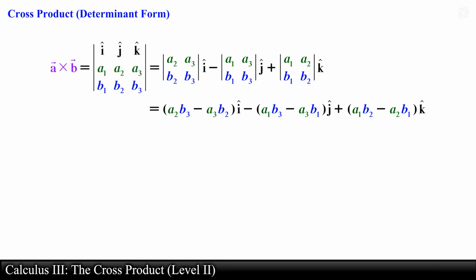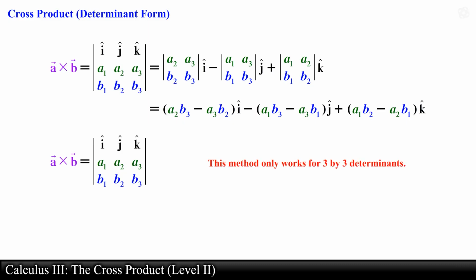A second method of computing the cross product does exist, and it is slightly easier, but many textbooks don't go over this method because it will only work for 3x3 determinants. This method modifies the determinant form of the cross product by copying the first two columns onto the end as follows. We now have 3 diagonals that move downward from left to right, and 3 diagonals that move downward from right to left.